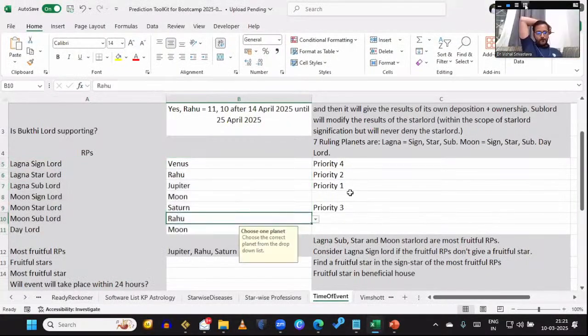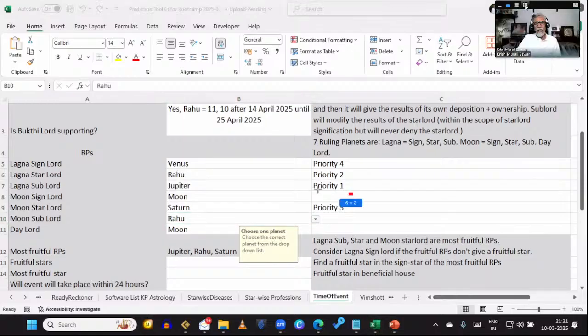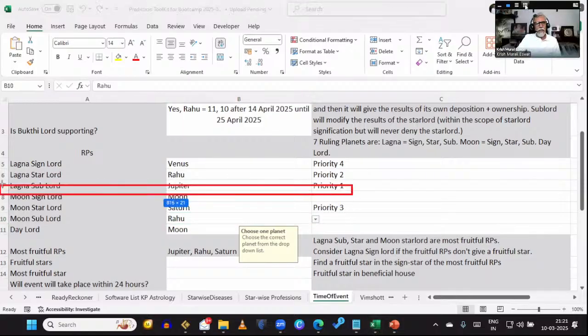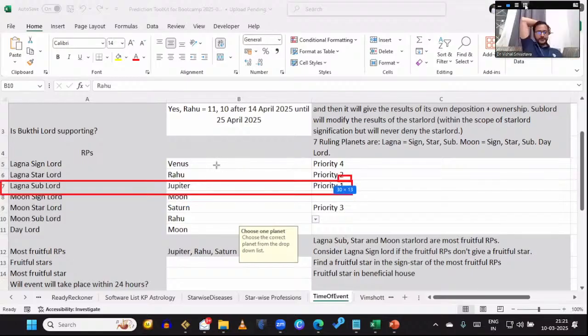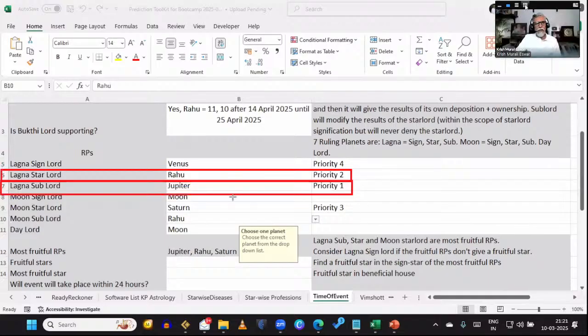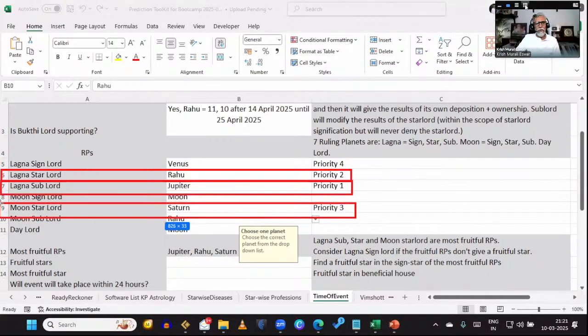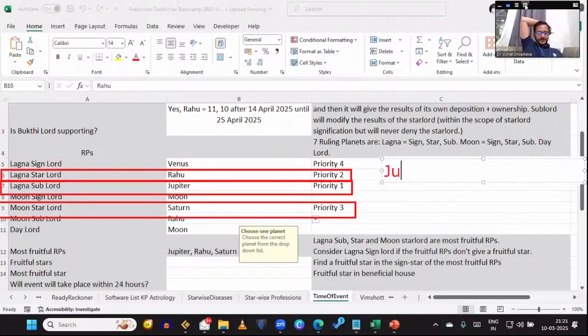The highest priority planets are Lagna sub lord Jupiter, Lagna star lord Rahu, and Moon star lord. What are the three planets we are getting here? Jupiter, Rahu, and Saturn.